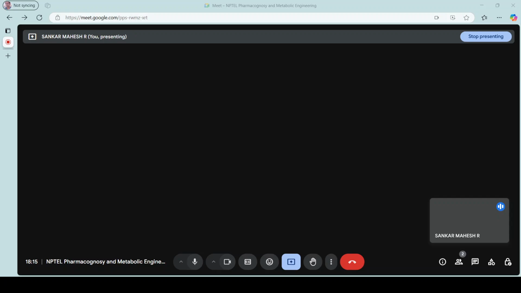So these are the three cases. What they observe is that in the absence of cell extract, ferulic acid is present as such. But in the presence of a cell extract, we are able to see vanillin and vanillic acid. Now, how are vanillin and vanillic acid related? Ferulic acid gets converted to vanillin and then vanillic acid. This is the probable metabolism that we think is happening within the Pseudomonas fluorescens.